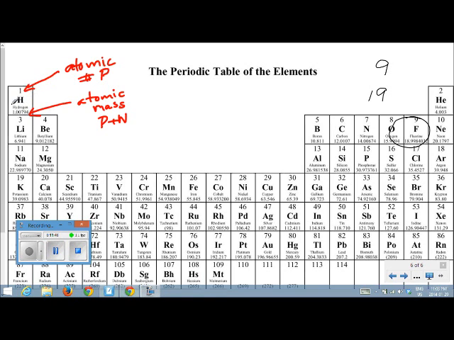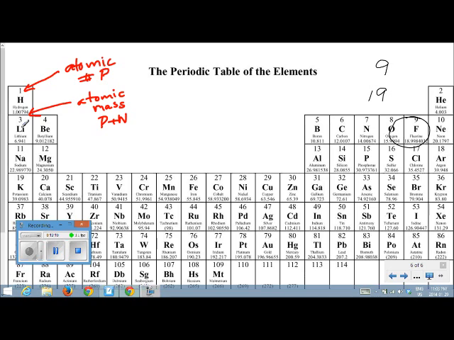And the first shell is actually represented by the first row here, or period. This is why it's called the periodic table. This is the first period, and in the first period, where I'm putting my pen here, there are 2 elements. So therefore 2 electrons can be held in the first shell.